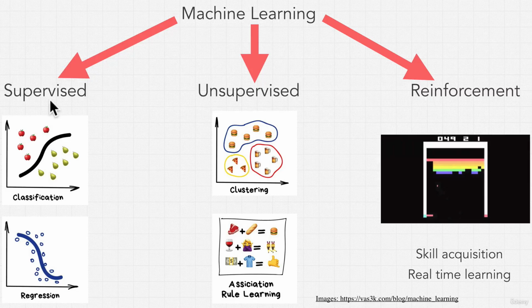So in a supervised learning scenario, we can do things like classification to decide, is this an apple or is this a pear? The machine learning model simply draws a line to decide, hey, this is an apple and this is a pear. Or we might do something called regression instead of classification, based on inputs.